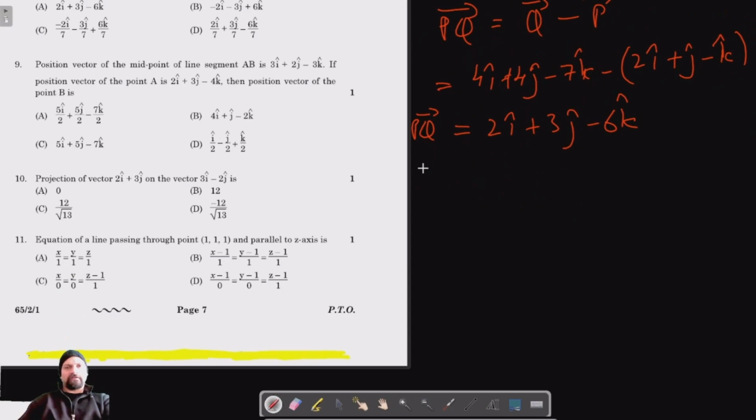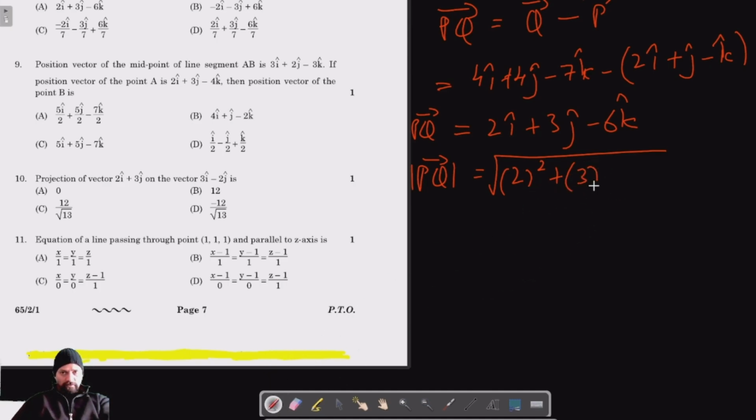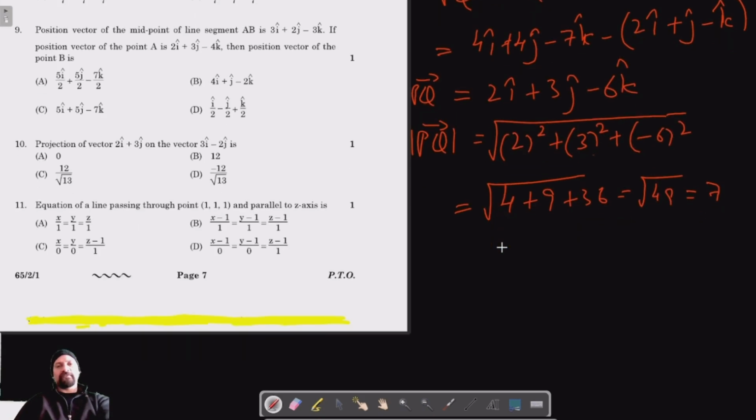So let's find out its magnitude as well. Magnitude of PQ is equal to under root 2 square plus 3 square plus negative 6 square. 2 square is 4, 3 square is 9, 6 square is 36. So this is equal to under root 49, which is equal to 7.